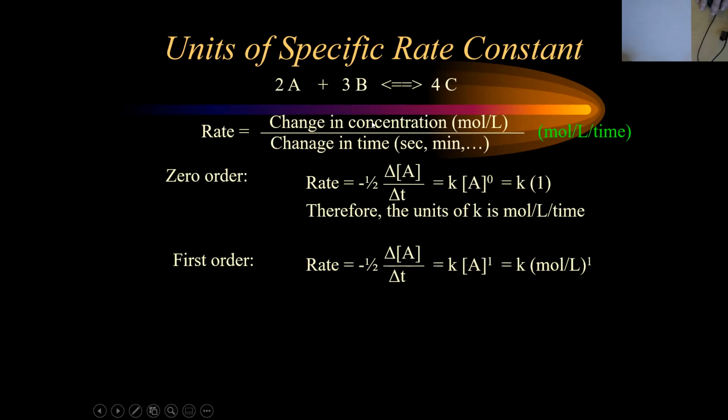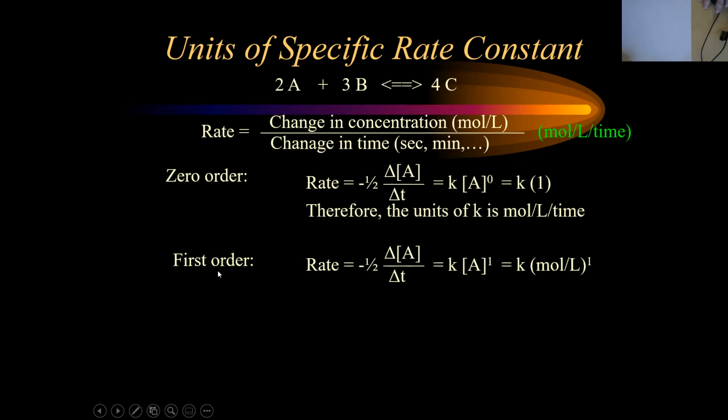I could get the same thing if I wrote the change in concentration of B times minus 1/3. That would give me exactly the same number if I'm following the change in concentration of B that I got when I took the change in concentration of A over time and divided by 2.